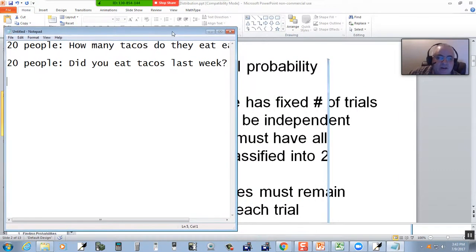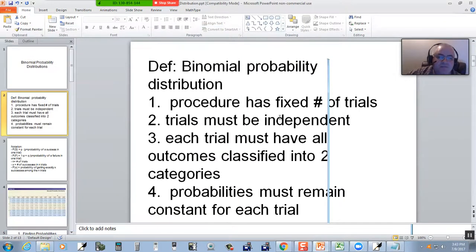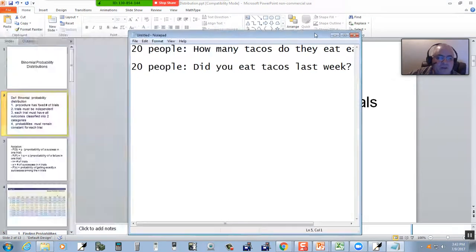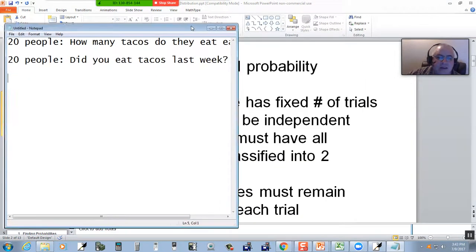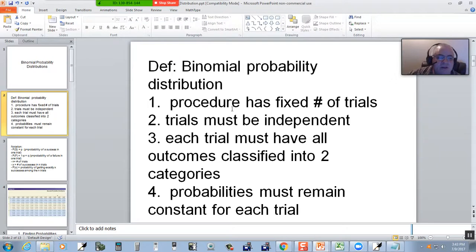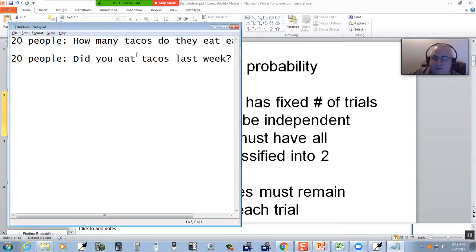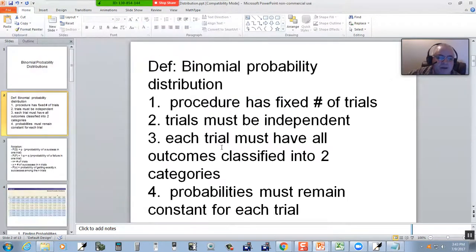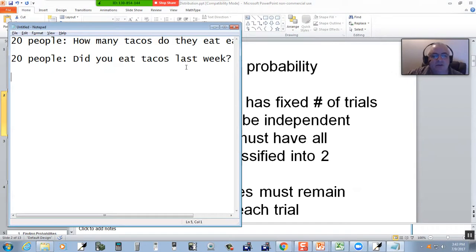Well, it's probably an unusual person to eat tacos every week. 20 people. Procedure has a fixed number of trials. That's true. And trials must be independent. We assume that's true. Each trial must have all outcomes classified in 2 categories. Either you ate tacos or you didn't eat tacos.